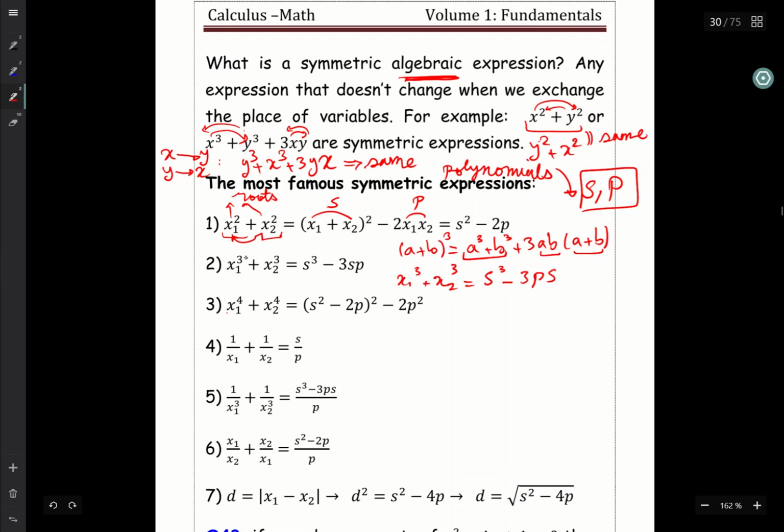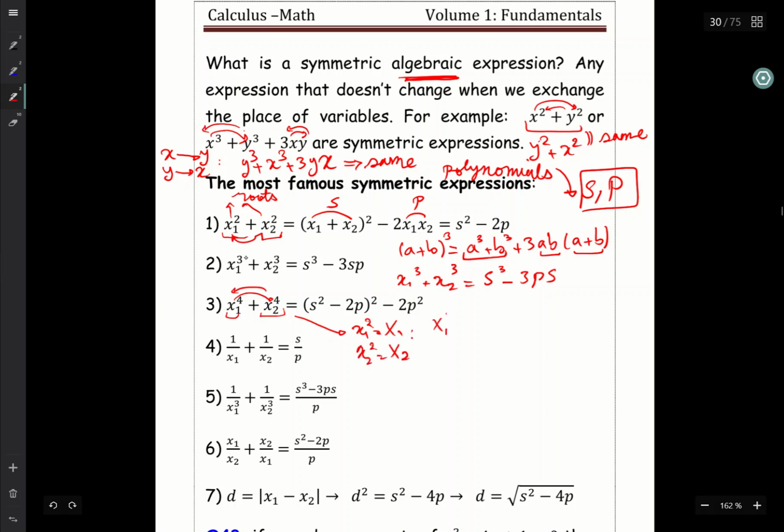And the fourth power, x1 to the fourth and x2 raised to the fourth. Still, this is a symmetric expression, and it's algebraic, it's a polynomial. So I should be able to write it in terms of s and p, sum and product. The way we're going to do this is a change of variables. So x1 squared, let's say, is capital X1, and x2 squared is capital X2.